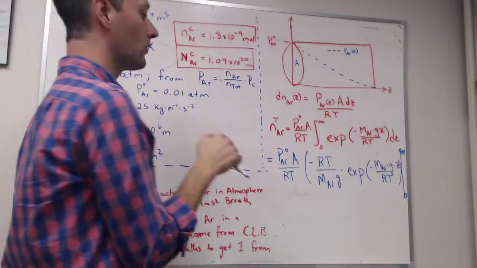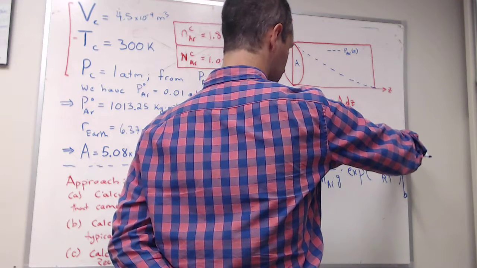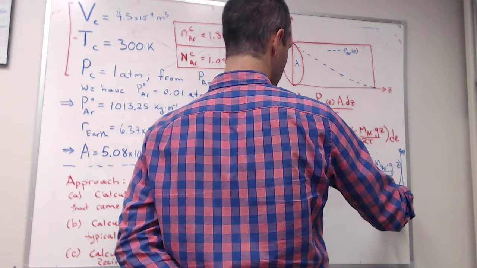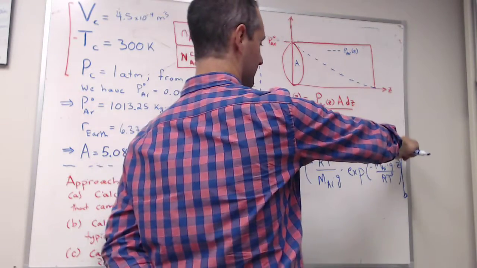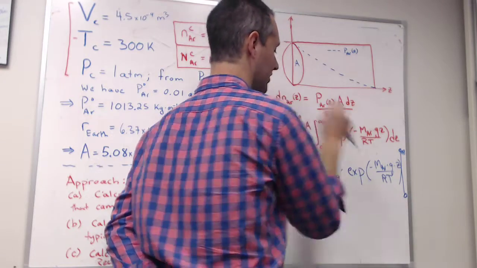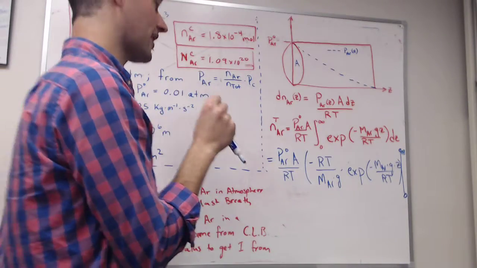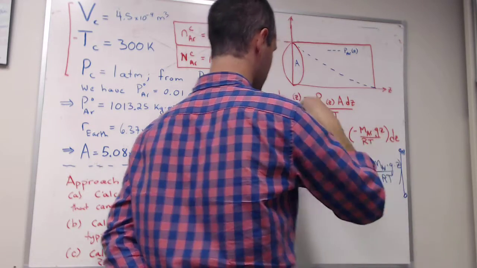So the upper limit actually goes to 0, and the lower limit goes to 1. Of course, I take this thing evaluated at the upper limit minus this thing evaluated at the lower limit, so it's 0 minus 1.